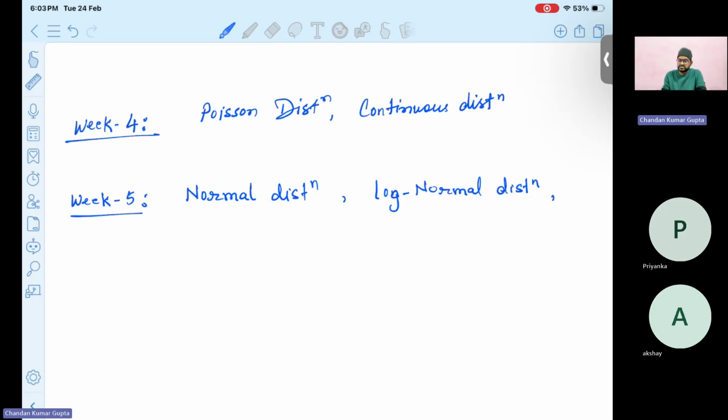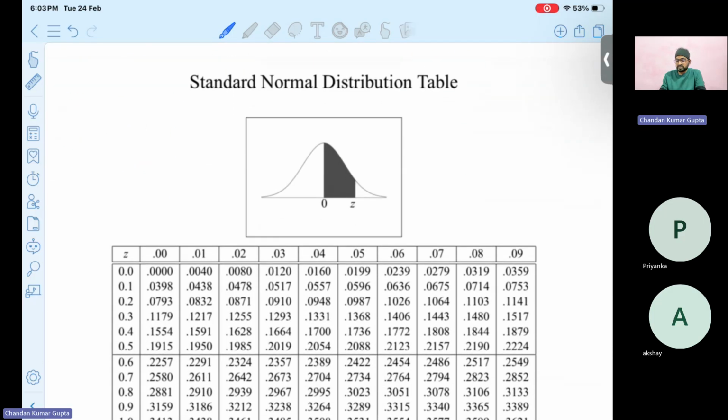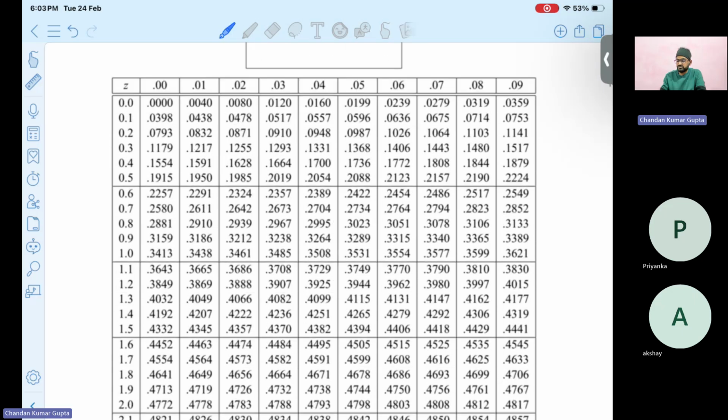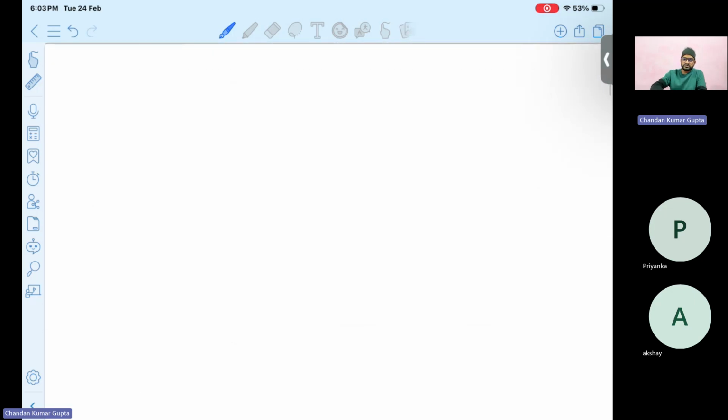Also, there is one concept that is quite used in statistics, the central limit theorem. We will then solve some numericals based on the normal and log normal distributions. This is the standard normal distribution table. We will come to this slide later when we solve numericals. Okay, so let's start.